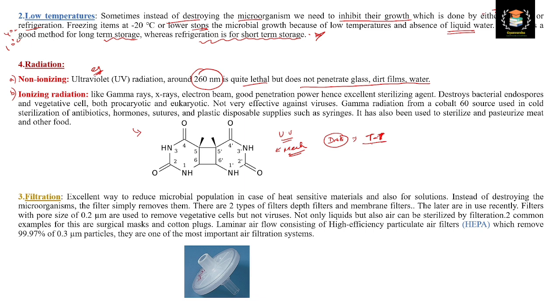Okay, there is formation of thymine dimers, pyrimidine dimers, and formation of this cyclobutane ring. Because of this, there is error in replication, which will lead to errors in replication and transcription, due to which the proteins are not functional and the organism dies.